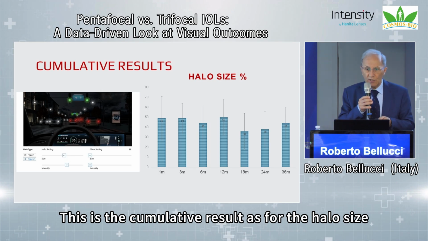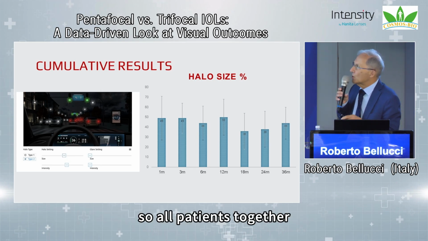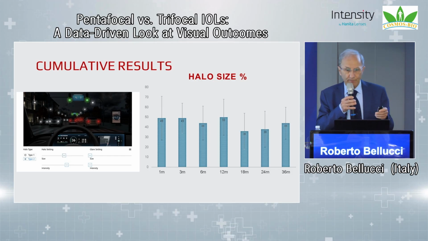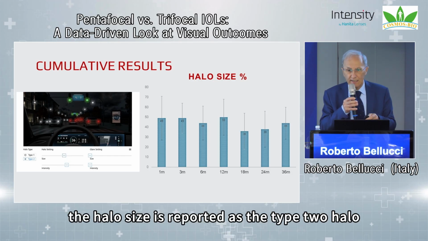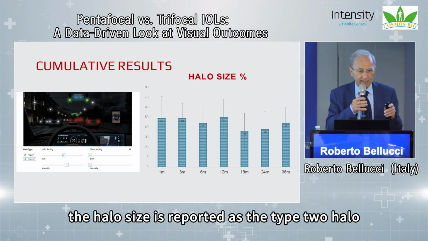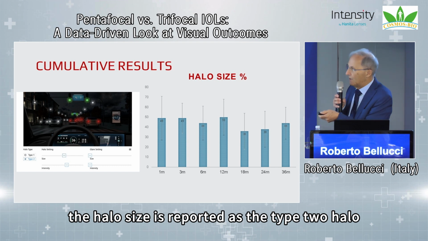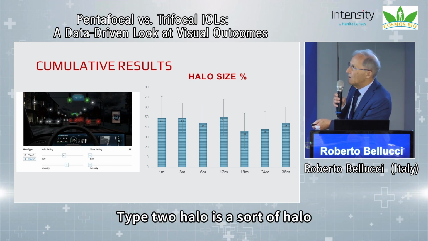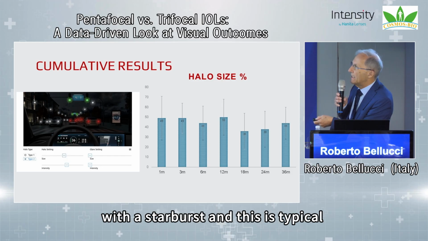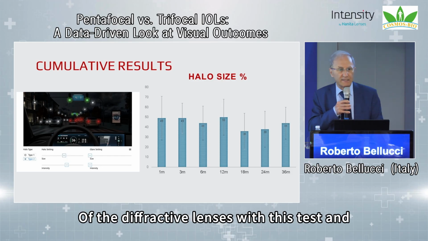This is the cumulative results as for the halo size. So all patients together, the halo size is reported as the type 2 halo. Type 2 halo is a sort of halo with a starburst, and this is typical of diffractive lenses with this test.